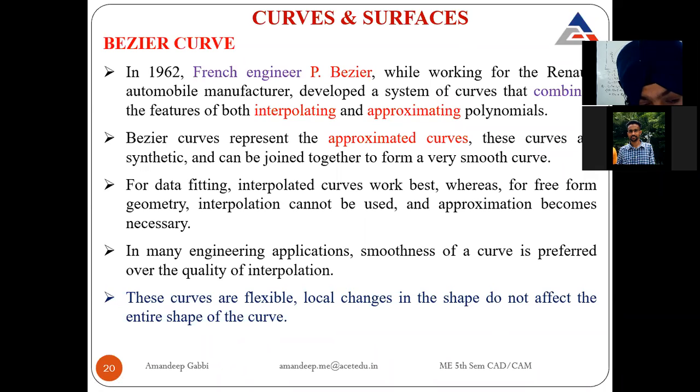These curves are flexible and local changes in the shape do not affect the entire shape of the curve. That is the biggest advantage of the Bezier curve. You can change the shape locally. Though it is not that flexible, the most flexible one is the B-spline curve.